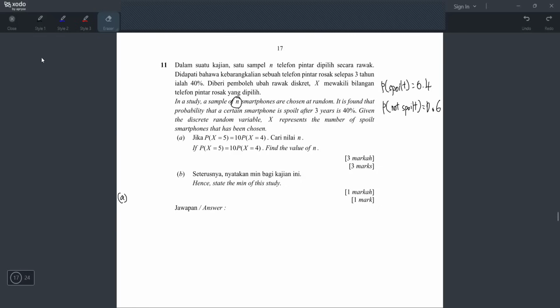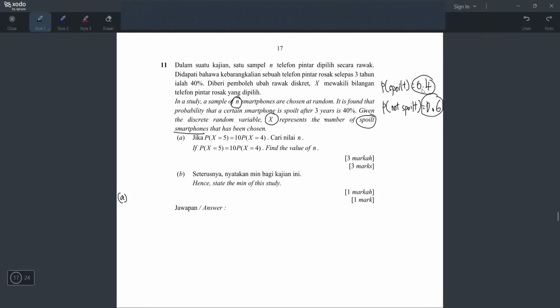But the P and Q you can determine because P and Q represent probability of success and probability of failure respectively. Now they give you two probabilities already, but do you know which one is the P, which one is the Q? You don't know. Because when I teach in class also, I tell you already, if you want to know who's success, who's failure, you have to look at the last line. So if you read again one more time, given the discrete random variable x represents number of spoiled smartphones that has been chosen.